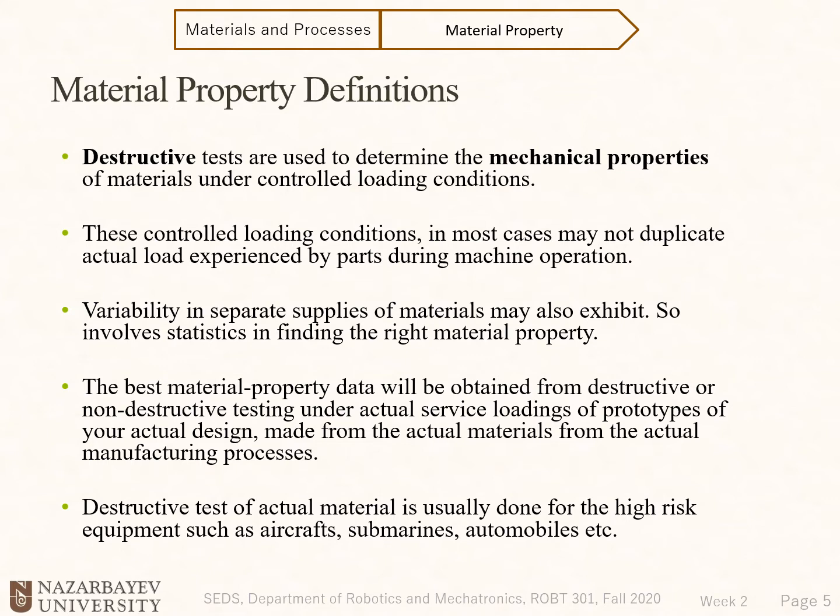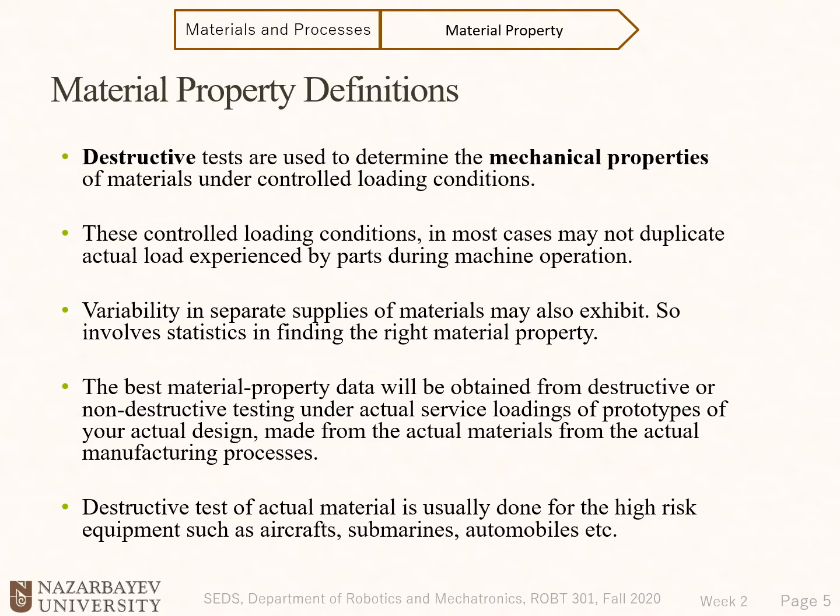So we will extract mechanical property under specific laboratory conditions, but they may not fit exactly the environment of operation. That's why we need to use safety factor and other statistical methods. Variability in separate supplies of materials may also exist, so it involves statistics in finding the right material property.